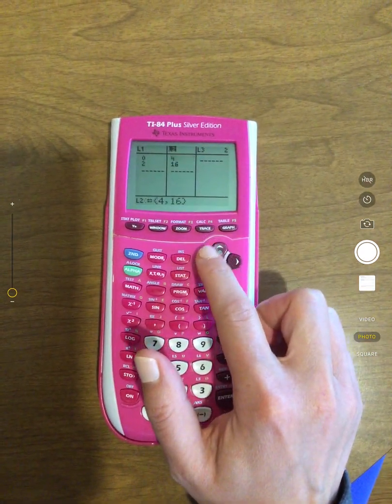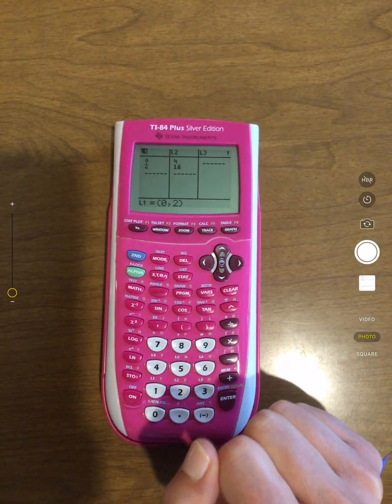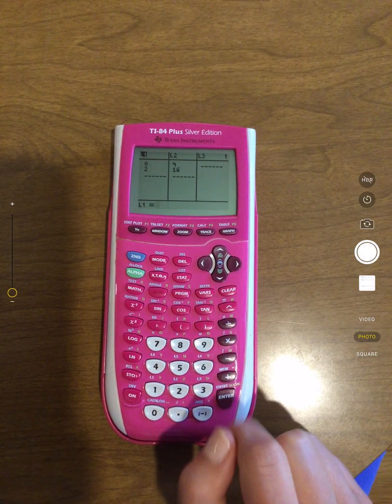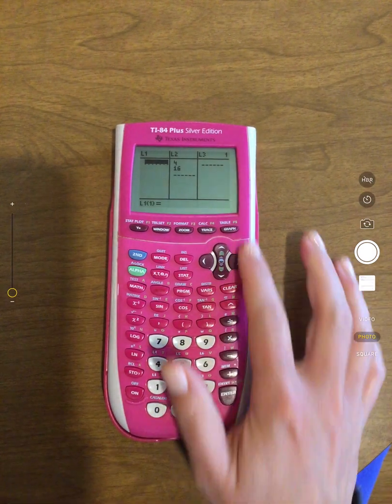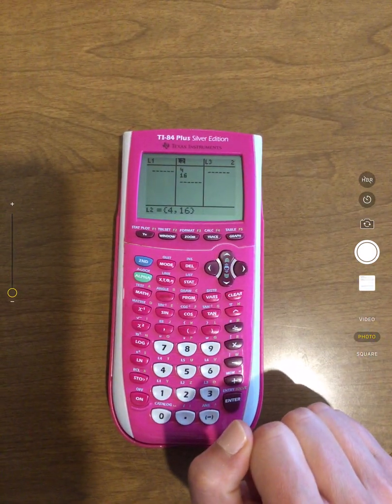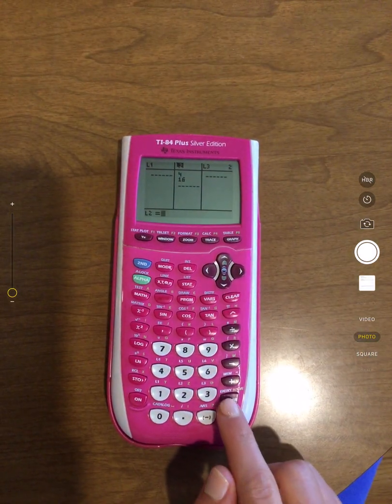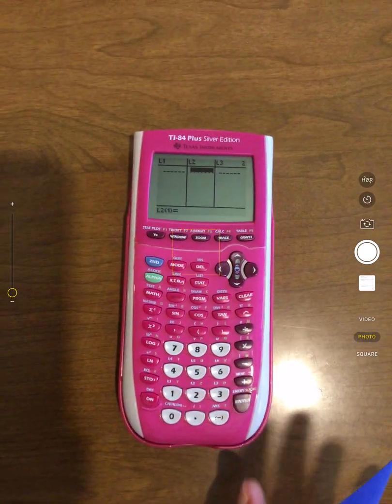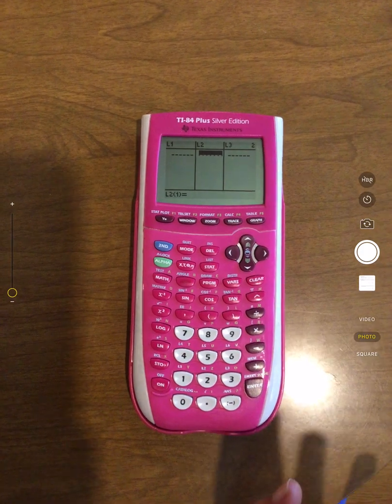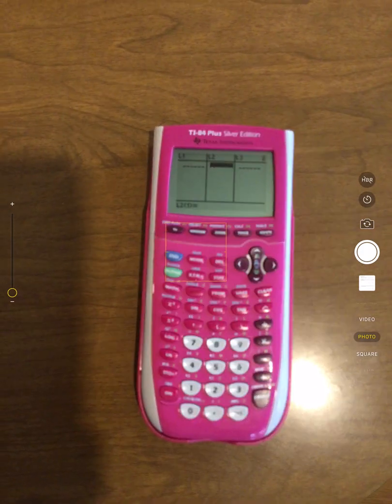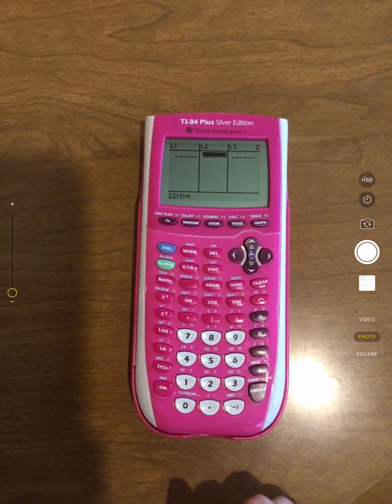Go to L1, hit clear and enter. Go to L2, hit clear and enter. Never hit the delete button, never. Only highlight the header, hit clear, then hit enter.